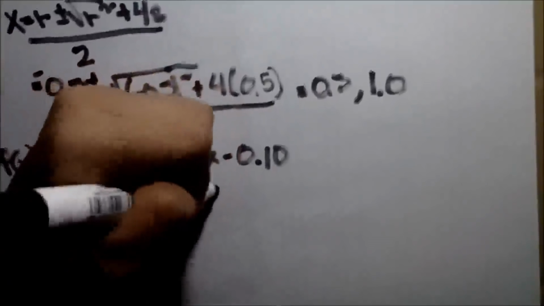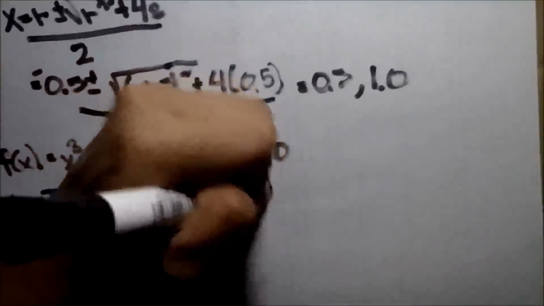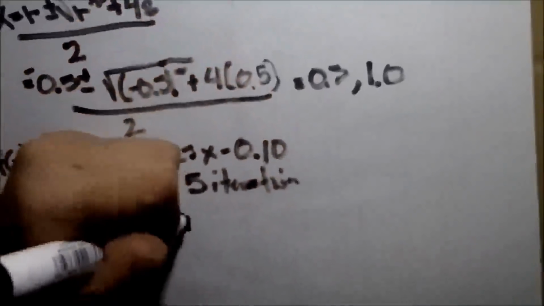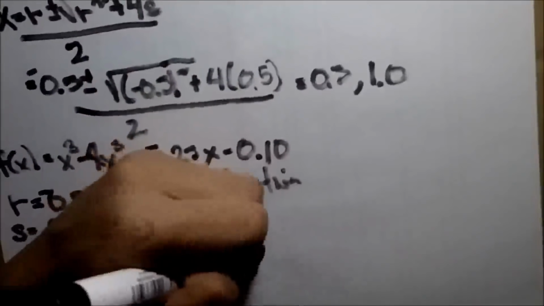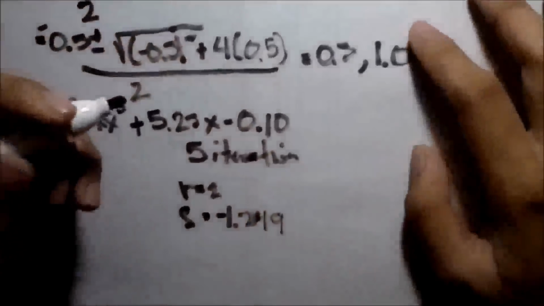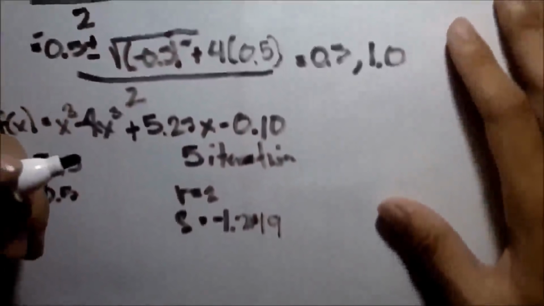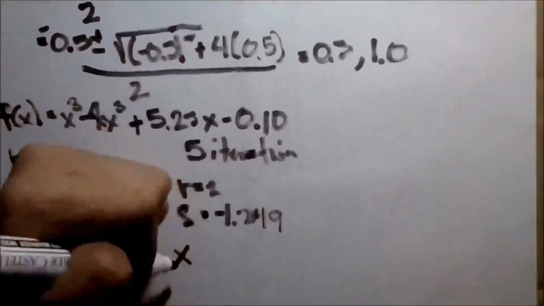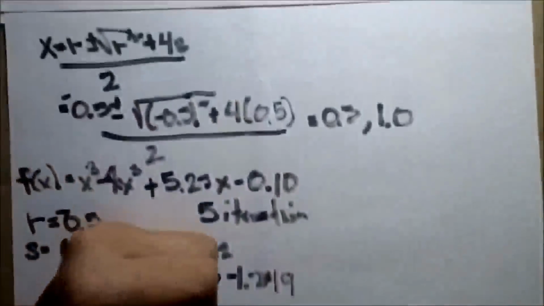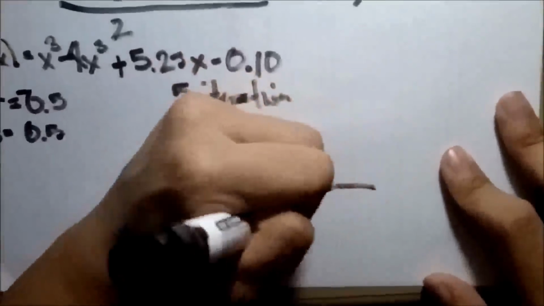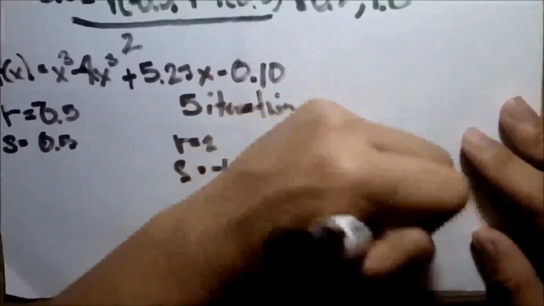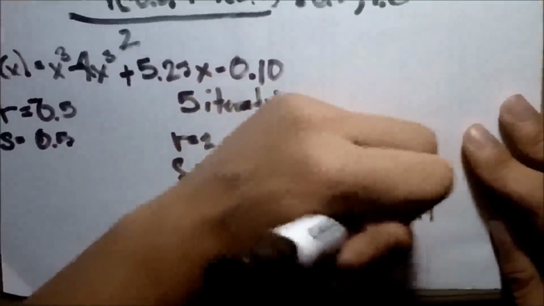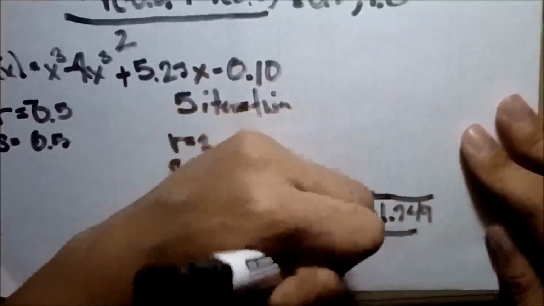After 5 iterations, the r will be 2 and s will be negative 1.249. Then we perform again the formula, x equals 2 plus or minus the square root of 2 squared plus 4 times negative 1.249, over 2.